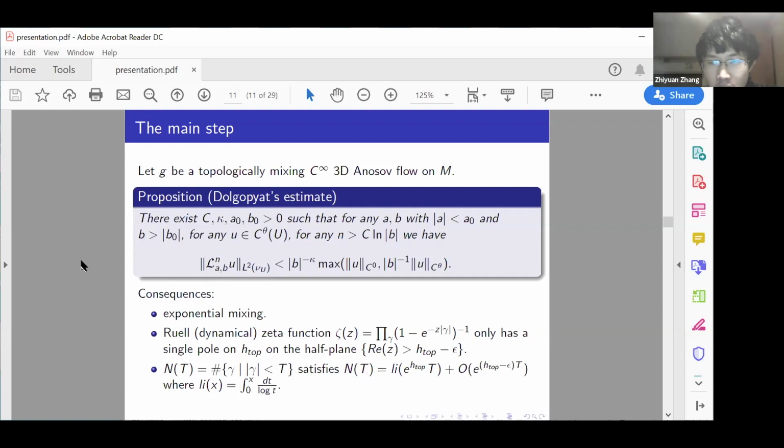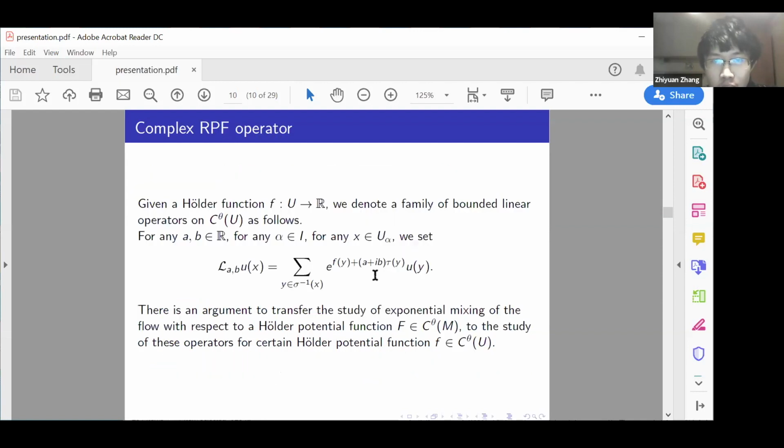So in a certain very vague sense, in Dolgopiat's estimate, the answer is basically B inverse, because if you restrict y to an interval of size B inverse, and because this is a C1 function, then B times tau y restricted to this interval will be basically an affine function, with a slope that is not too big and not too small.